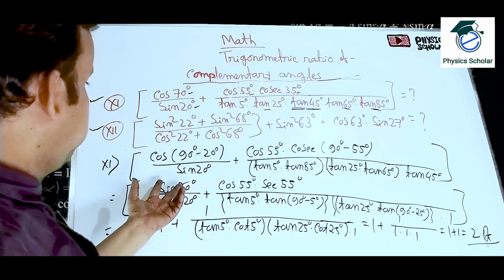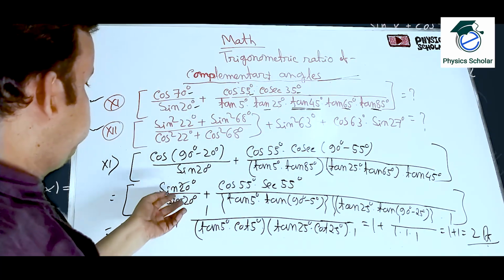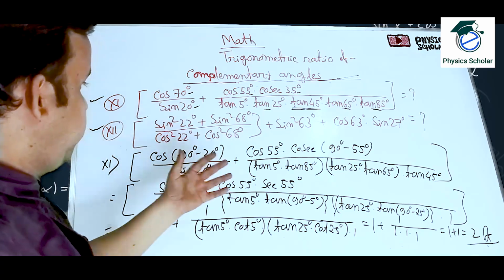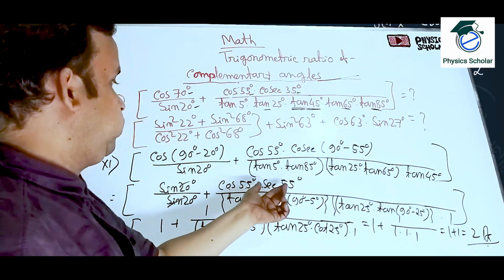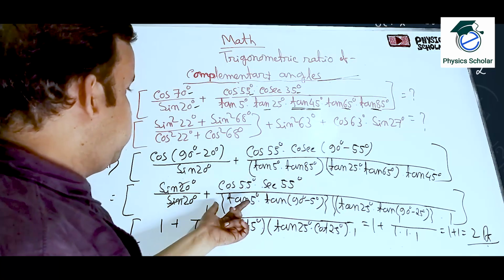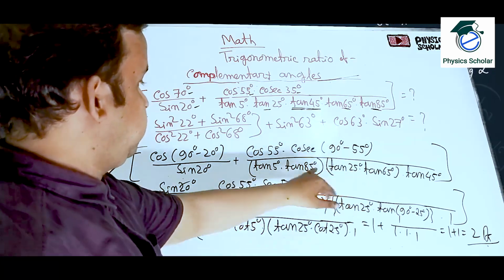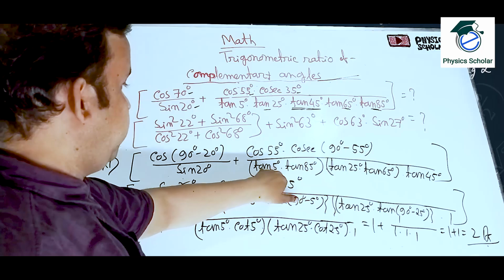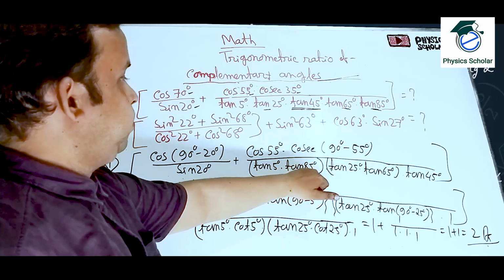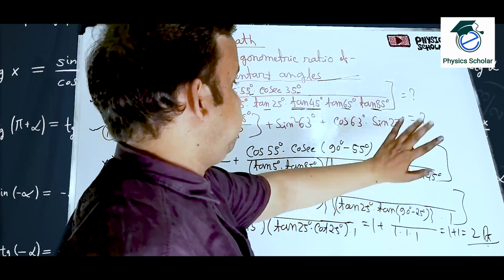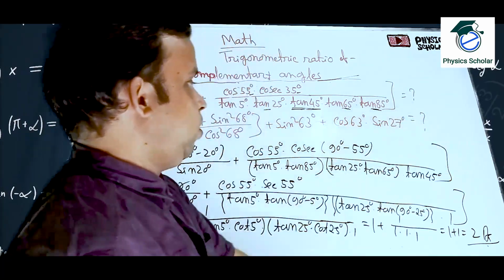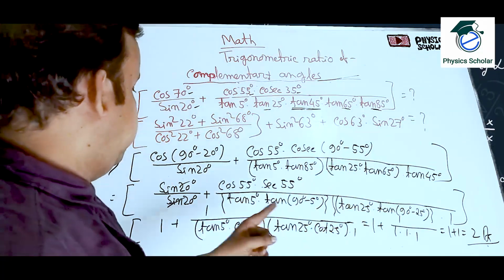Now this will be sin 20 by sin 20, so they will be cancelled and 1 will be there, and cos theta into sec theta means 1. Now we are arranging it as per their complementary angles. Tan 5 and tan 85, 5 and 85 are complementary, and tan 25, tan 65, 25 and 65 are complementary, and we know the value of tan 45. Tan 45 means 1.